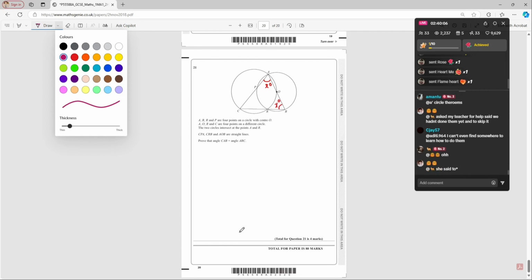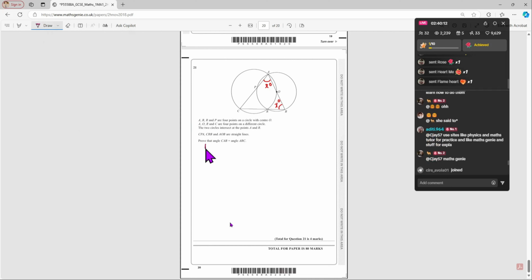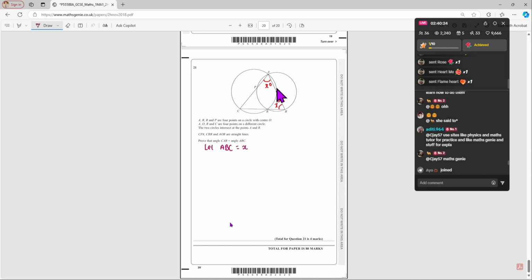So, the way we do this is that we'll use the word let. We're going to let ABC is equal to X. We've already done that in our diagram. That means angle ORB, this angle over here, is also equal to X degrees.